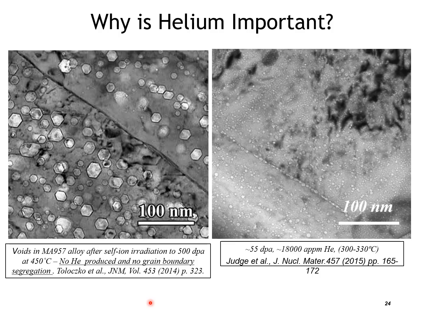So why do we get that boundary segregation? It's very important whenever you're getting evidence of intergranular fracture. And that's because when helium is created in the material, you get a certain amount segregated at the grain boundaries.